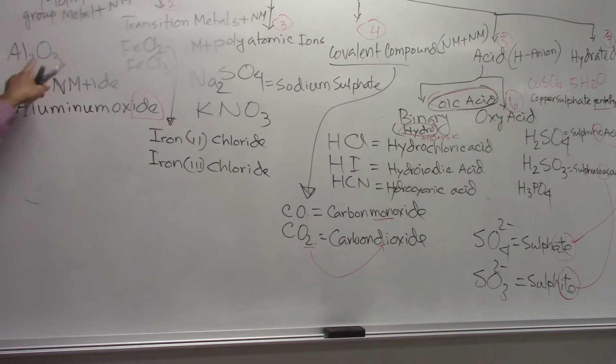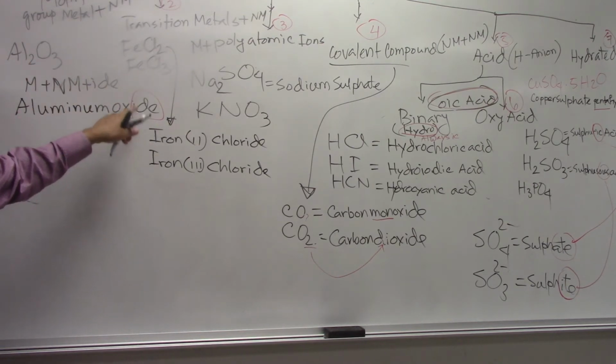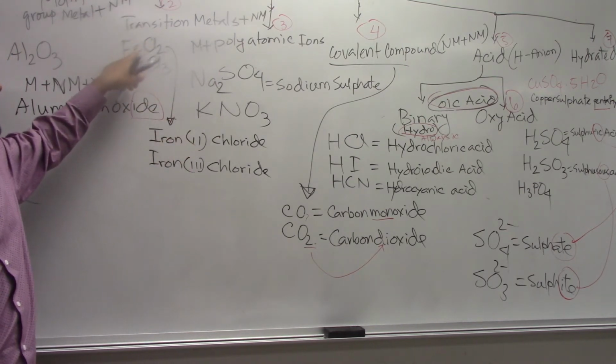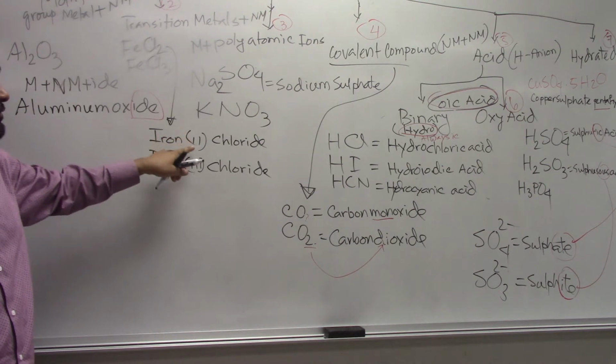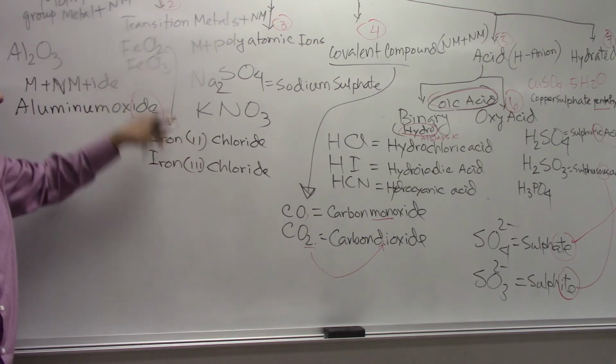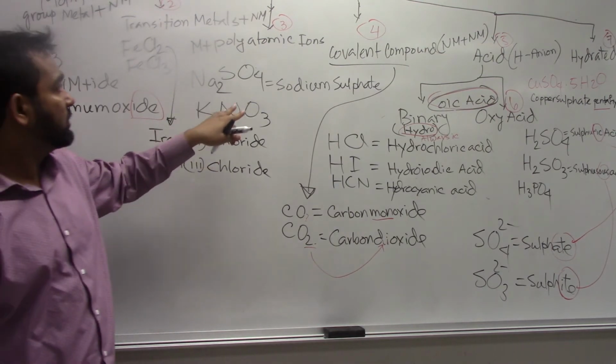You see, aluminum oxygen becomes oxide, right? And for transition metals, you look for their charges. Iron charge was 2, so that's why it comes as a Roman numeral in the middle. Iron is 3 plus, becomes a Roman numeral 3.